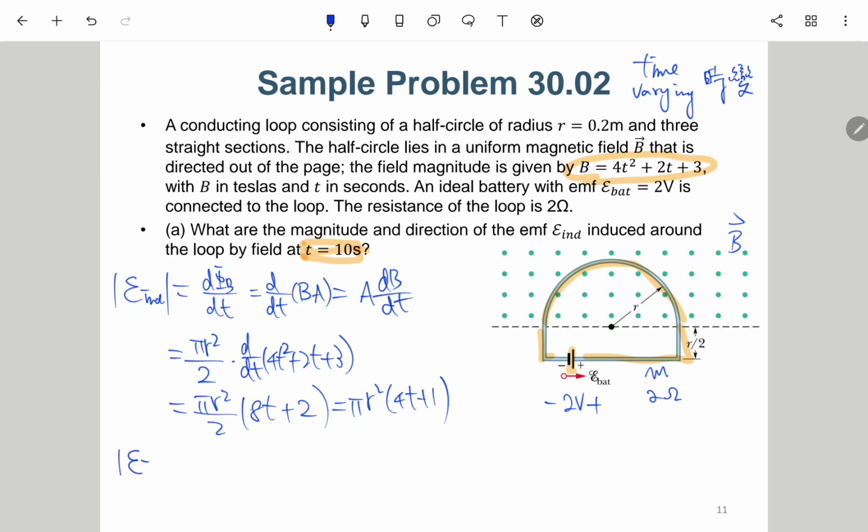So the E induced at t equals 10 seconds is pi r square times (4 times 10 plus 1). And r is 0.2, squared. So this is nothing but 5.2 volt for the induced EMF.